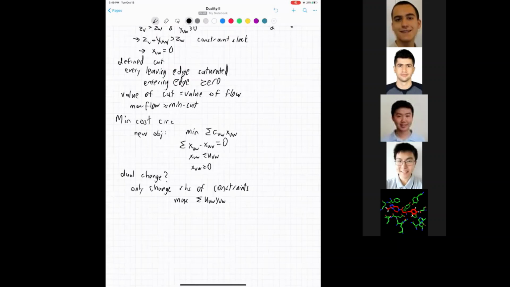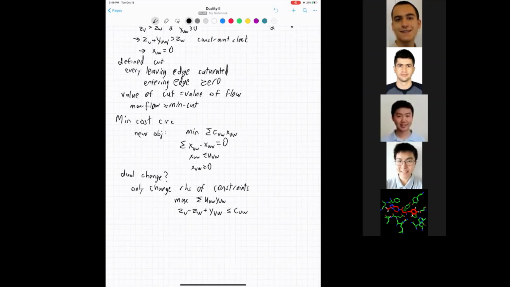And we have exactly the same constraints as before, namely ZV minus ZW plus YVW. But previously this was bounded by 0, or by 1 for YTS. Now it's bounded by CVW.